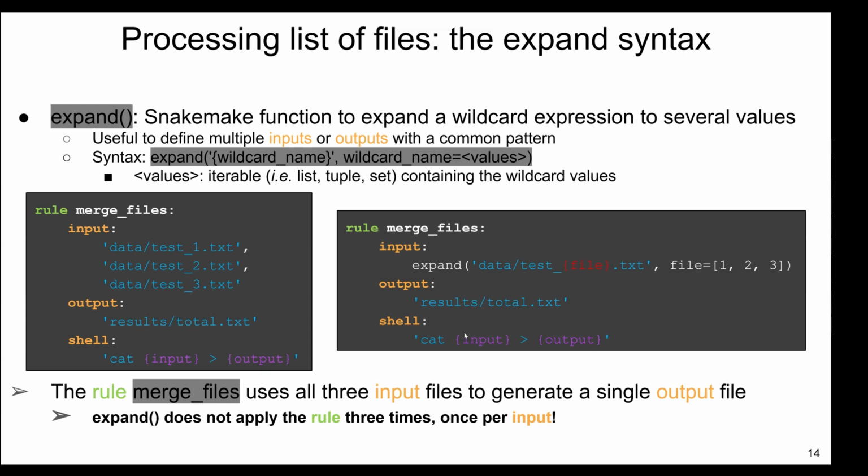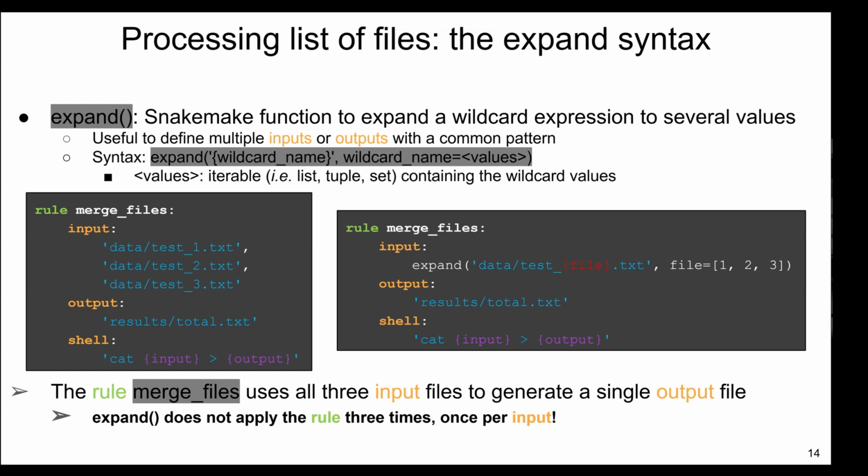Of note, expand won't apply this rule 3 times, once per input. It will merge the 3 files into a single file. So that's a pretty efficient way to make things faster and easier.